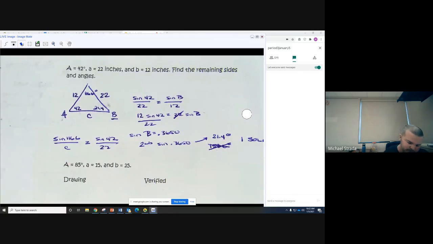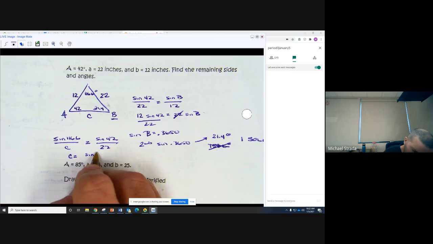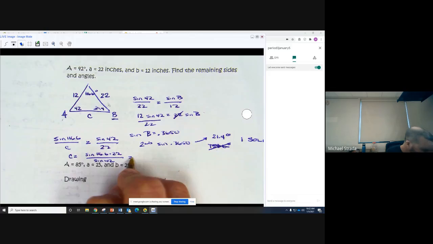I'm going to cross multiply everything. C ends up being equal to sine 116.6 times 22 divided by the sine of 42. And when I do that math, C comes out to be approximately 29.4.